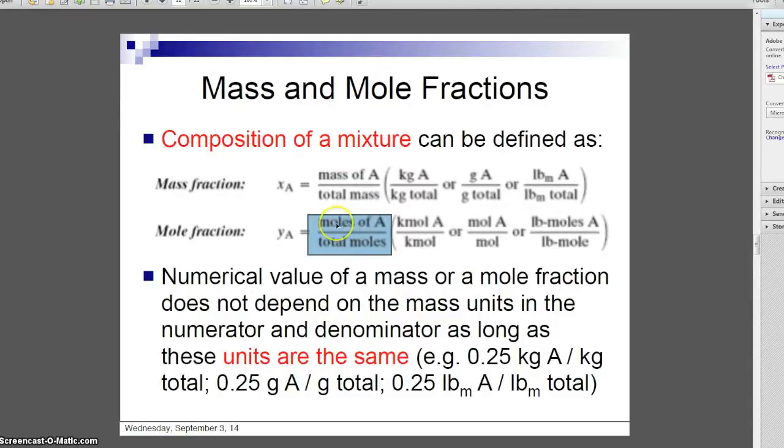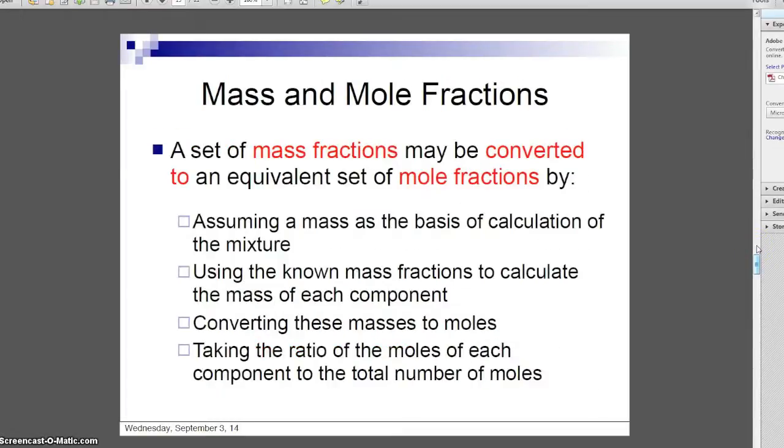For the mass and mole fraction, the units need to be the same. Let's say 0.25 kilogram of something over the kilogram of total mass, or 0.25 mole of something over the total mole. So kilogram over kilogram, mole over mole, kilomole over kilomole, and so on.